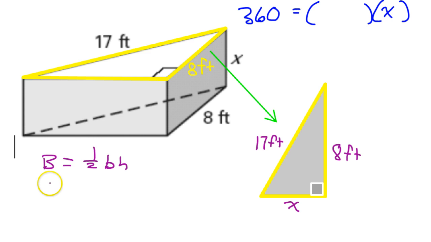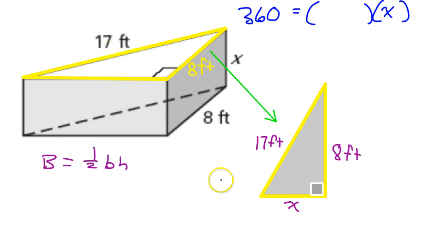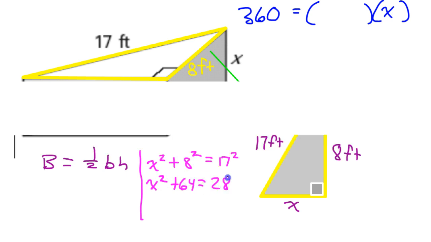I'm just going to squeeze that in right here. So doing a little Pythagorean theorem is going to give me x squared plus 8 squared is equal to 17 squared. So that's x squared plus 64 is equal to 289.